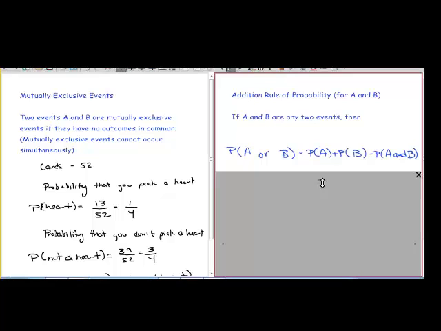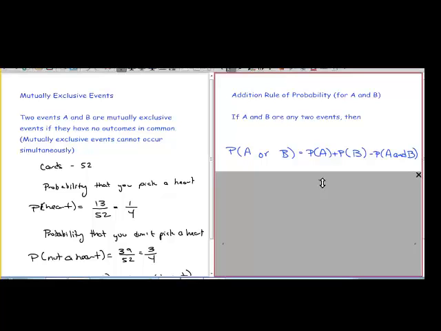And the result ultimately has to be between 0 and 1. It doesn't matter how we come up with the probability, the probability number always has to be less than or equal to 1 and greater than or equal to 0.